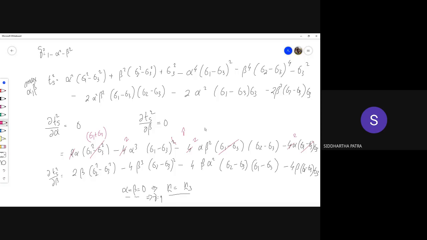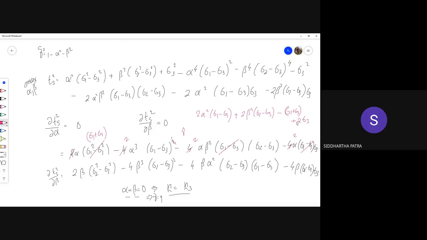So this is twice alpha squared sigma 1 minus sigma 3 plus twice beta squared sigma 2 minus sigma 3 minus sigma 1 plus sigma 3 and plus twice sigma 3.